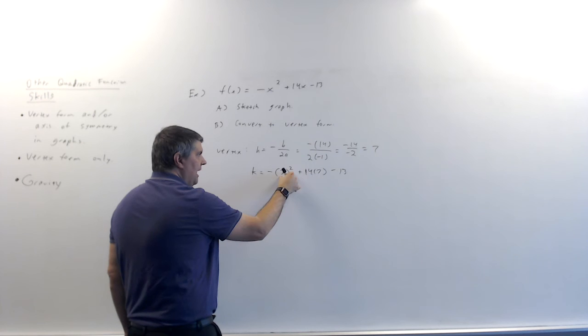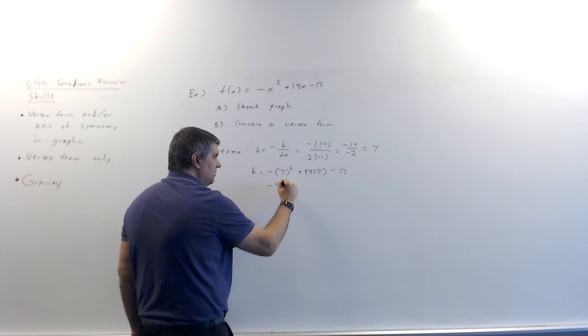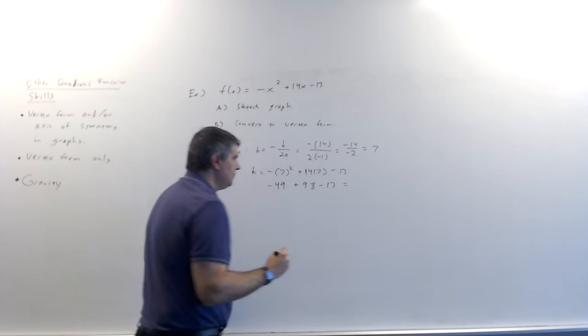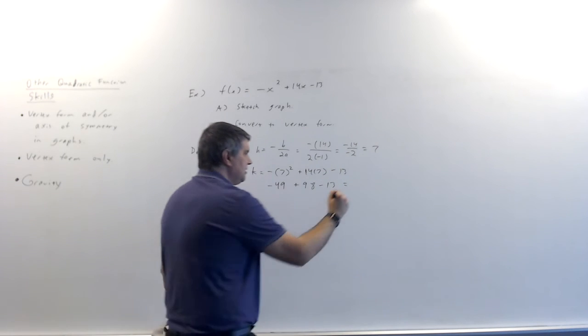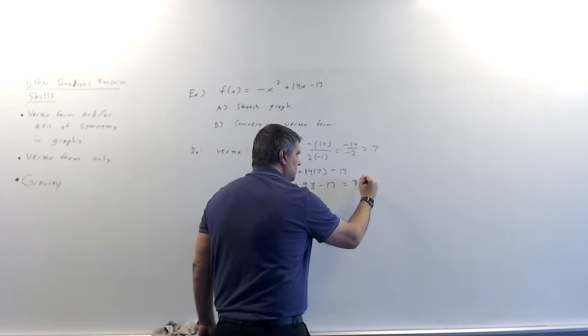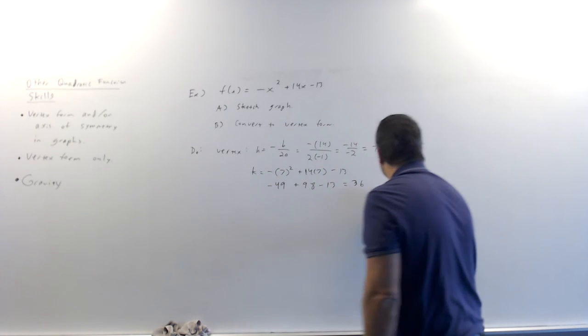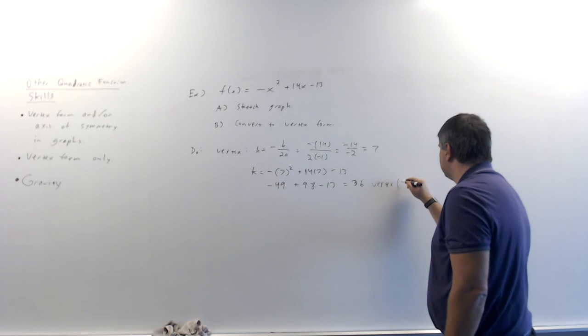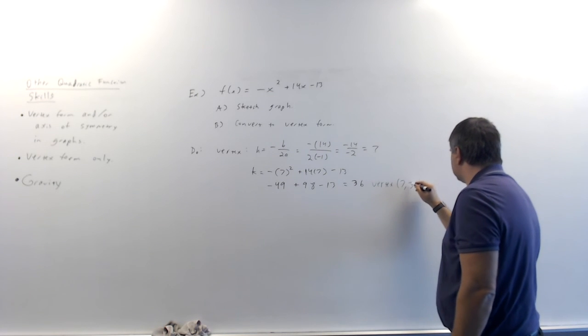So 49, stick a negative in front of it, plus 98 minus 13, 36. So the vertex is 7, 36.